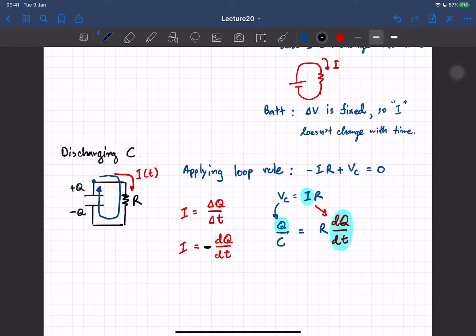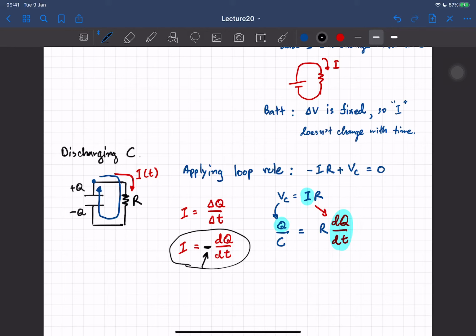Okay, so this minus sign is because of our choice of the direction of the current. We choose to call the current to flow in this direction, and that's going to be consistent with decreasing the charge on the capacitor.